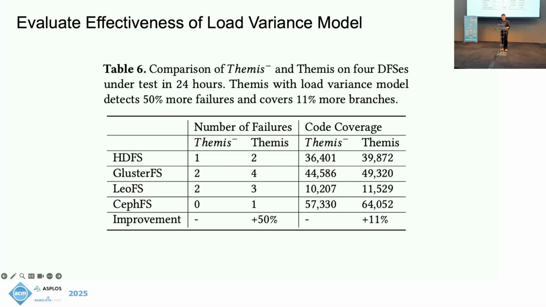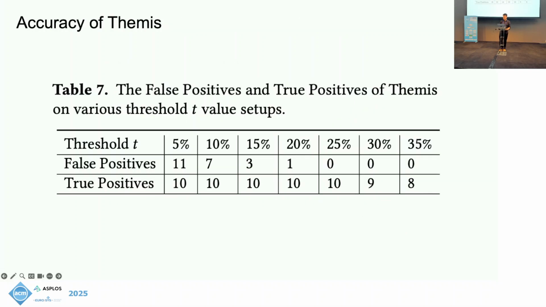To evaluate the effectiveness of the load variance model, we also implemented another version of Themis named Themis minus, which disables the load variance model and generates operation sequences randomly. In conclusion, Themis can detect all 10 bugs within 24 hours, while Themis minus only detects 5 of them. We also find Themis covers 11% more code than Themis minus.